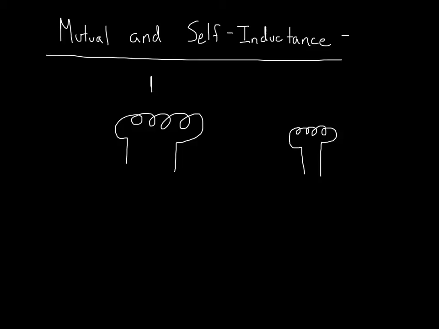I'm going to say that coil number 1 has an alternating current, also known as AC current. If I have an AC current, that means the current flips direction. It goes from positive to negative. It's not like the direct currents that we studied primarily in earlier chapters.